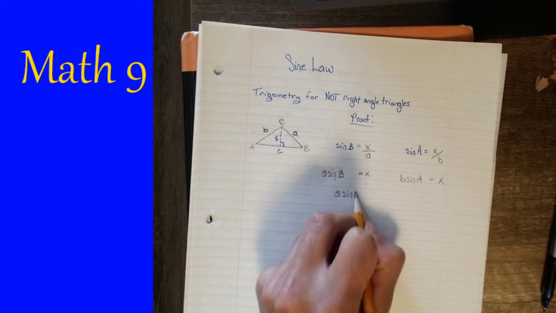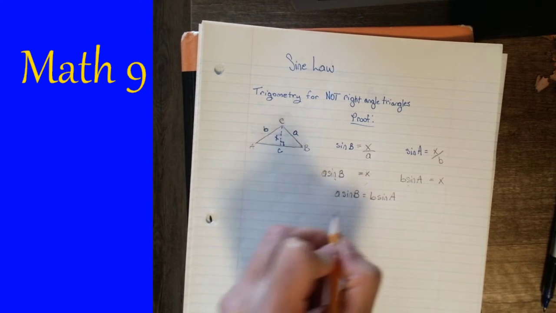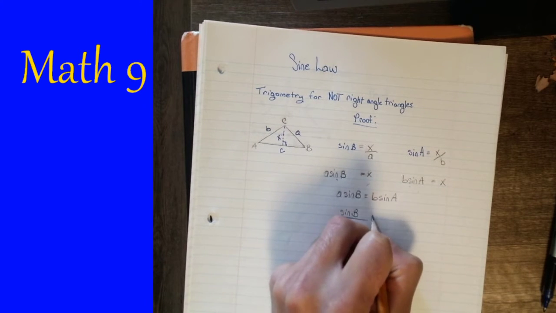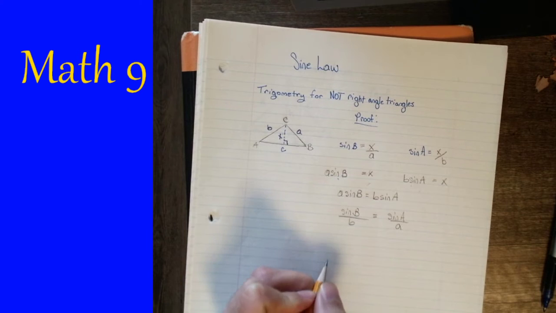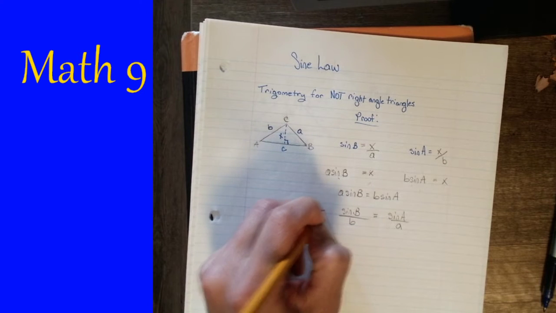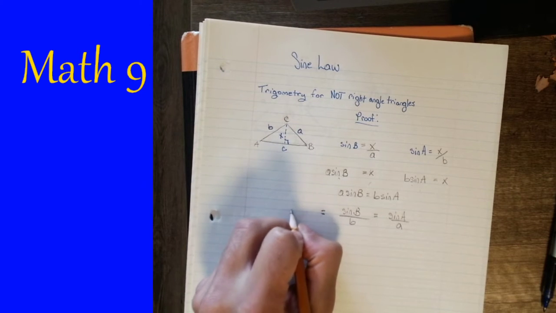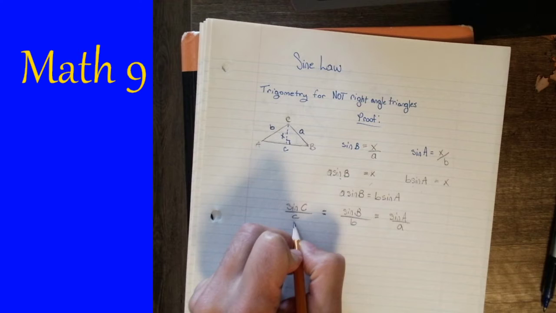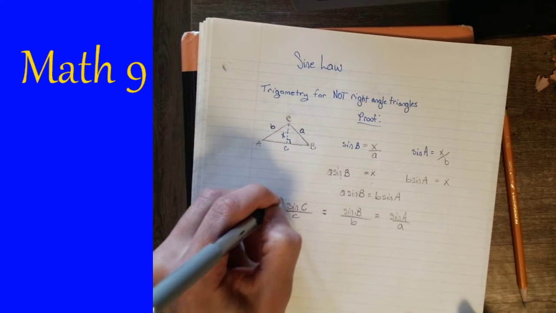So a sine b is equal to b sine a. And rearranging, we get the relationship that sine of angle b over b is equal to sine of angle A over side length A. And we could easily have done this for angle C and side length C. So the equivalency would also show that sine of C over C is equal to sine of B over B. These are all equivalent to each other, and this is the sine law.